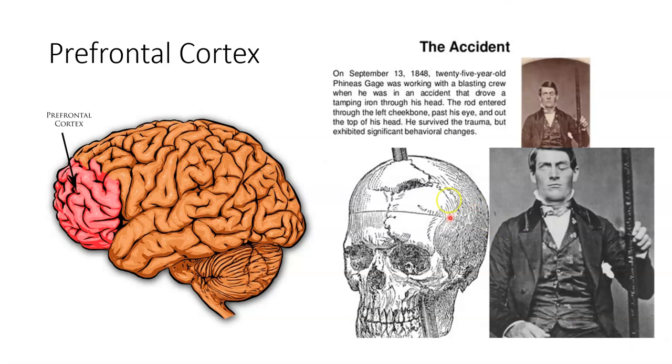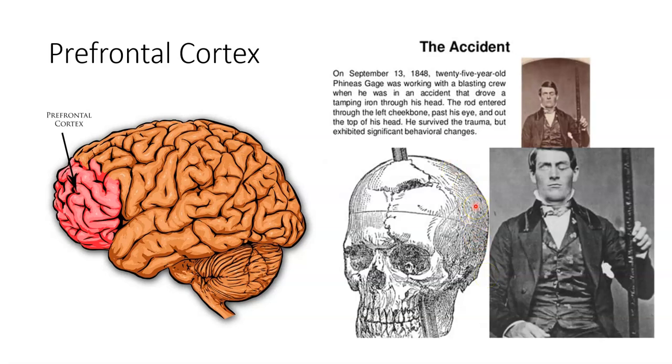Just a quick history lesson here, because I love history. And I have mentioned this before, like 1.5 years from now. But if you have forgotten it, this is Phineas Gage, and he was the one who had an iron rod driven through his head in an accident, and that's how they found the function of the prefrontal cortex.